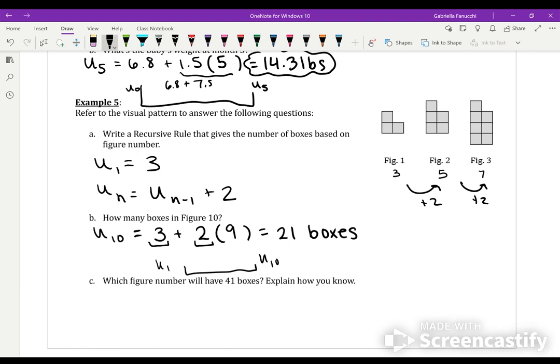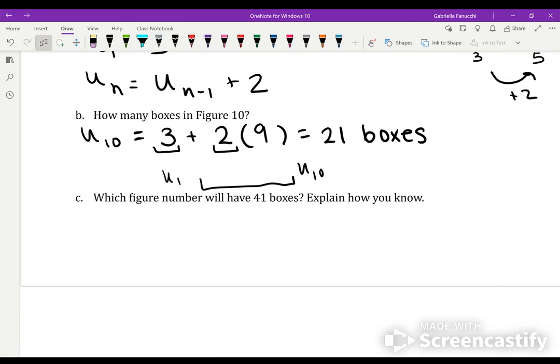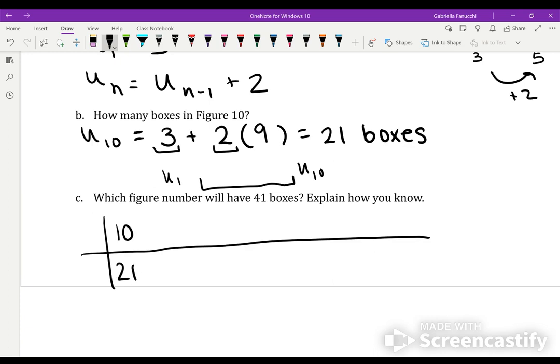Well, let's go backwards. Now we want to know what figure number will have 41 boxes. We can continue the table. In this case, I think it's going to be easier. We know in U sub 10, there's 21. Then we're adding 2 each time.